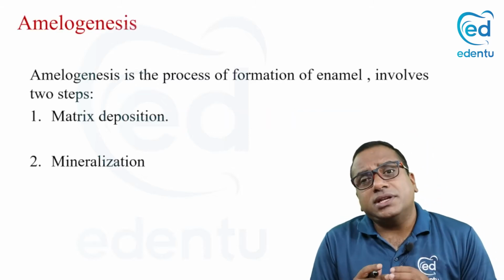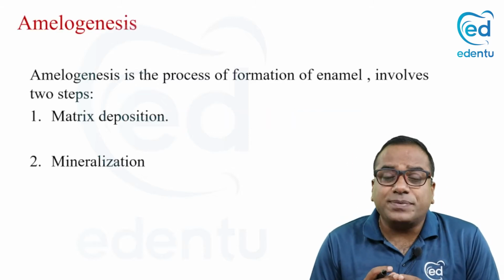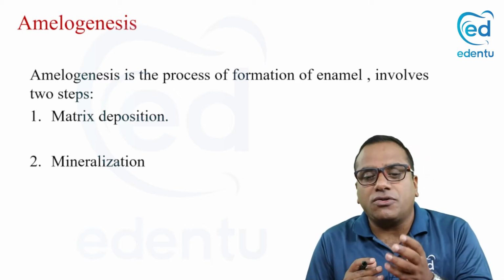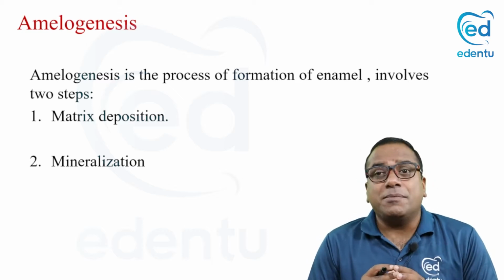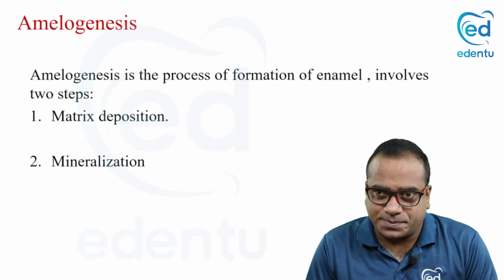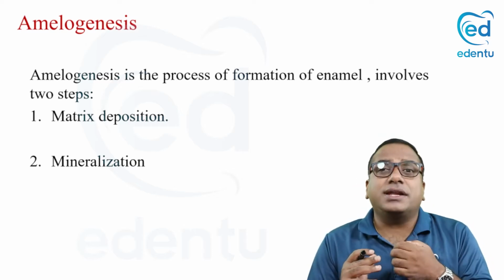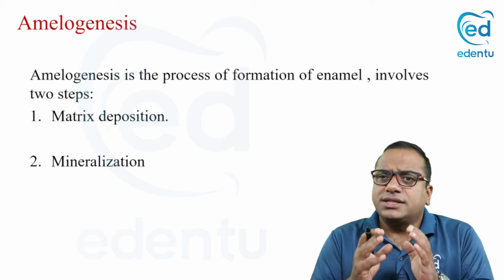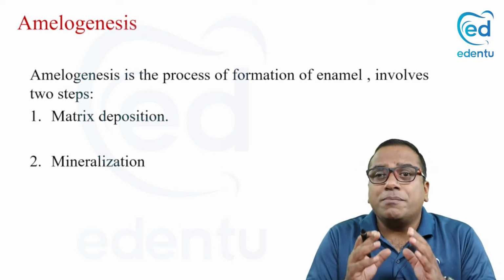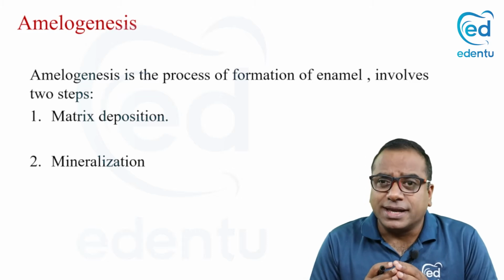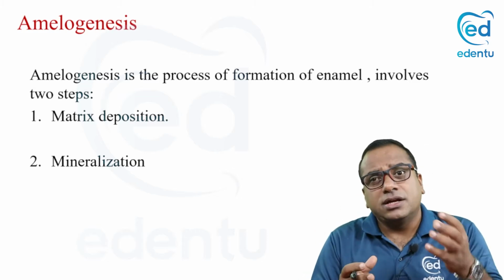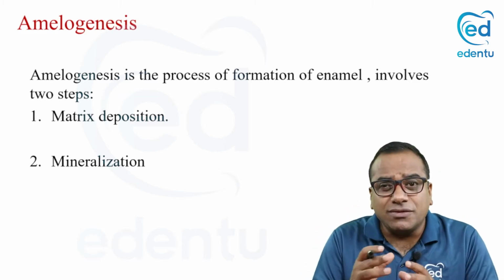So what is amelogenesis? Going by the definition, it is the process of formation of enamel, and this amelogenesis involves two steps. One is matrix deposition and second one is mineralization. You can compare this to a mason who is making buildings. He will bring the cement, stone, sand, everything, and mix.